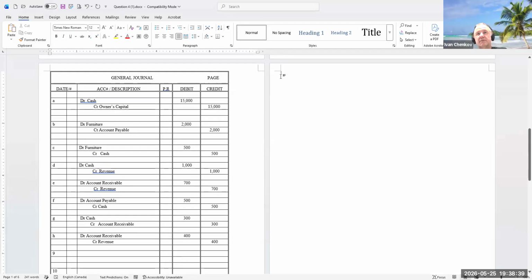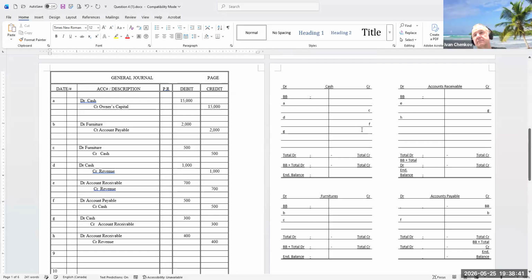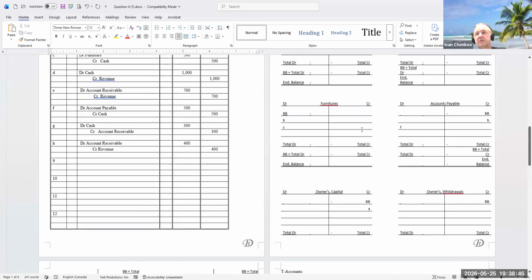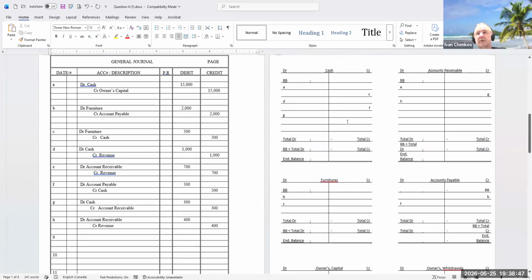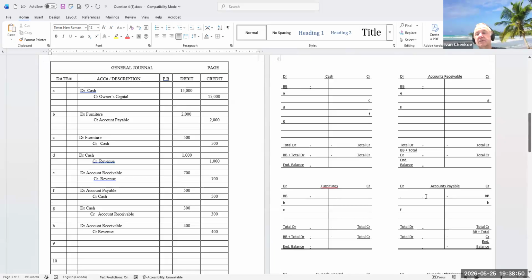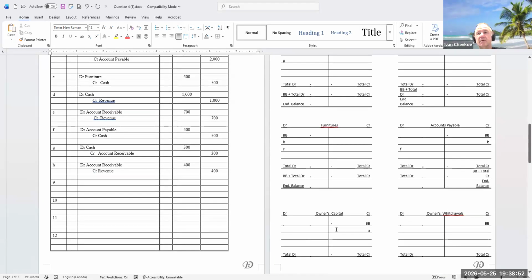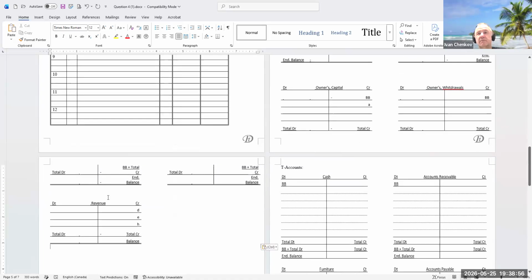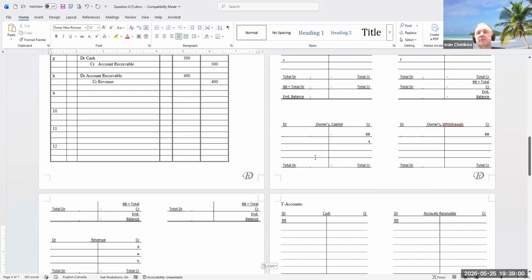And let's see if this is going to work now. So I have the cash, accounts receivable, furnitures, accounts payable, owner's capital, owner's withdrawal, and revenue. Okay, I have everything that I needed.